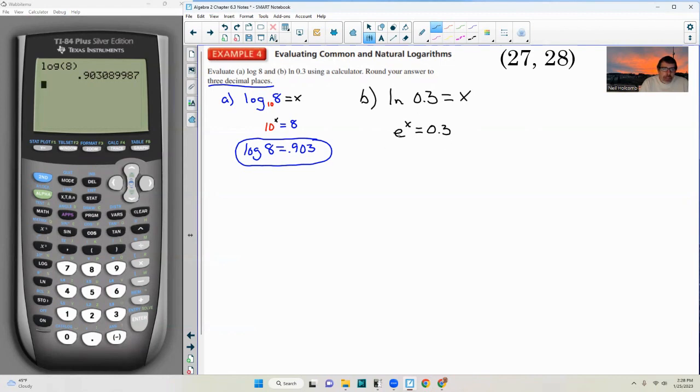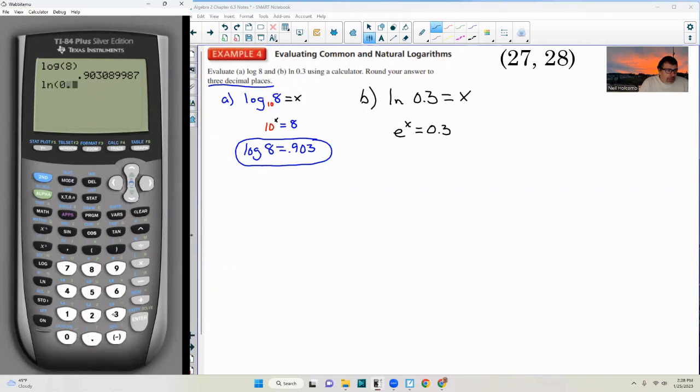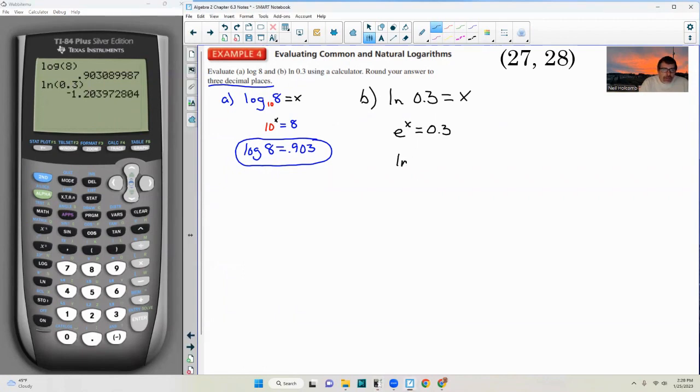In the calculator, there's an ln button. We just put 0.3 in the calculator, hit enter, and we get the natural log of 0.3 equals negative 1.2039. We'll round to 1.204.